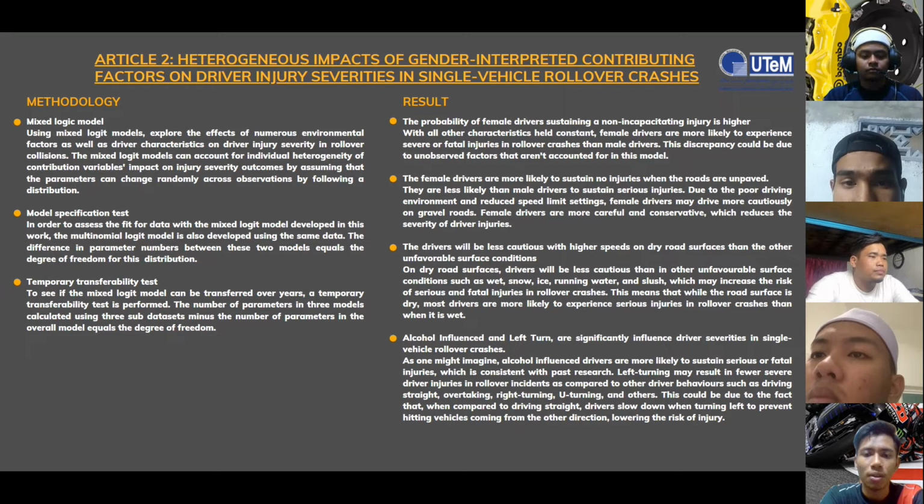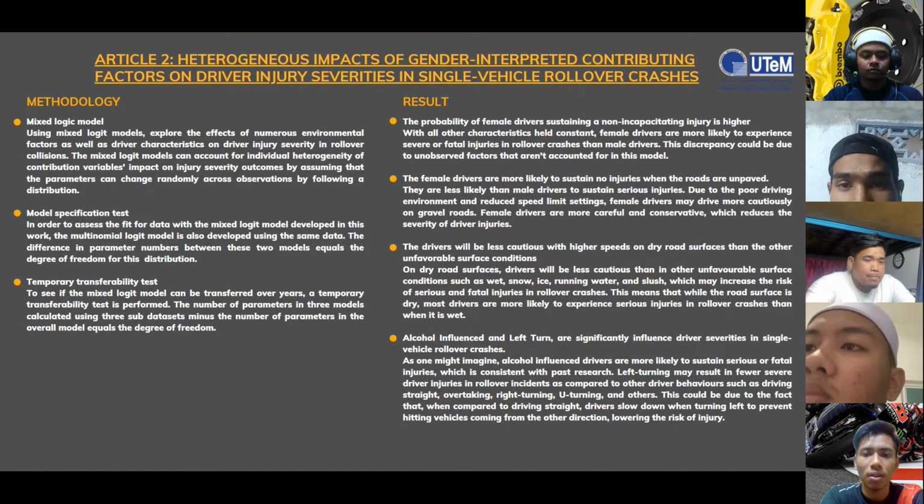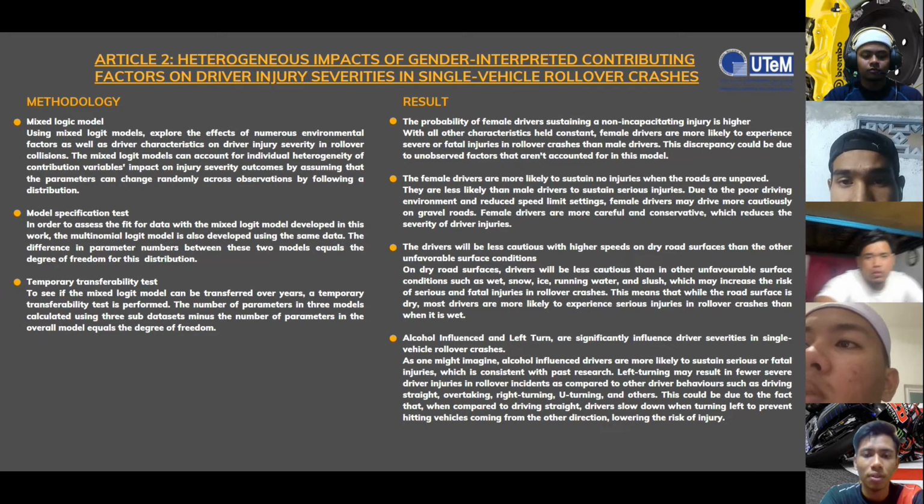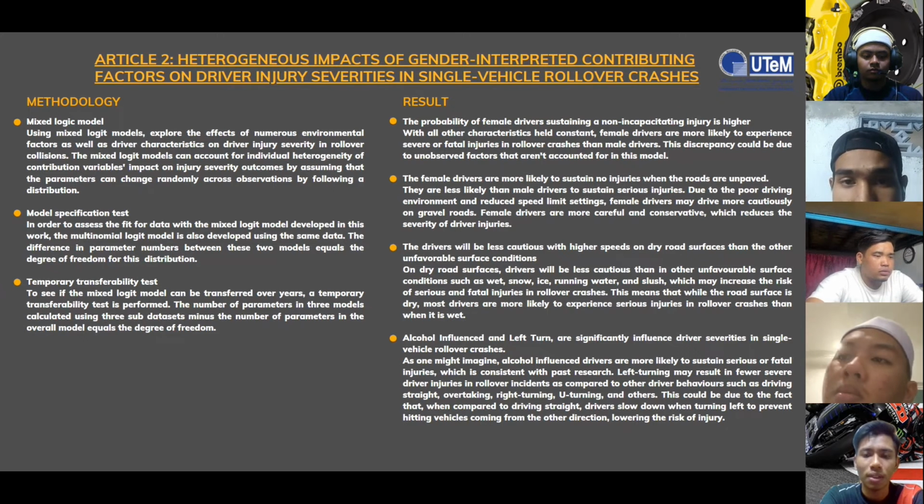Due to the poor driving environment and reduced speed limit settings, female drivers may drive more cautiously on gravel roads. Next, drivers will be less cautious with higher speeds on dry road surfaces than on other unfavorable surface conditions. This means that while the road surface is dry, most drivers are more likely to experience serious injuries in a rollover crash than when it is wet.